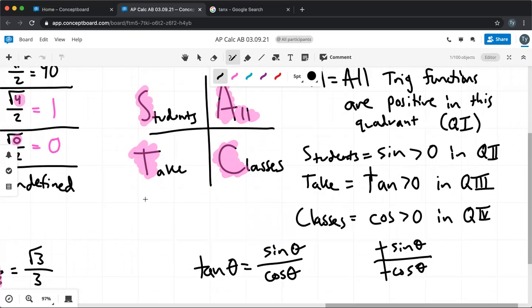This is what happens here. In quadrant 3, sine is less than 0 and cosine is less than 0. Another way you can think about this, if sine and cosine were positive in quadrant 3, we would have just said all, right? Just like we did here. So this might be new, so I want to go over this again.